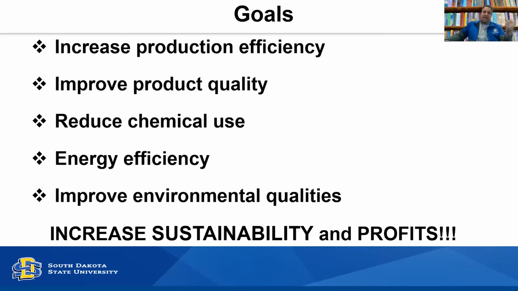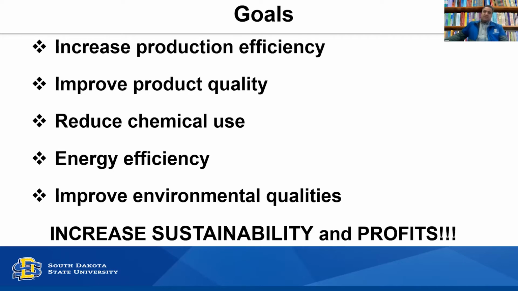Imagine if we have a lack of, for example, nitrogen or some other elements for our wheat production, it would cause lower protein in wheat, and that would reduce the quality of our product. Reduce chemical use. We don't want to consume excess nitrogen. This is obvious.